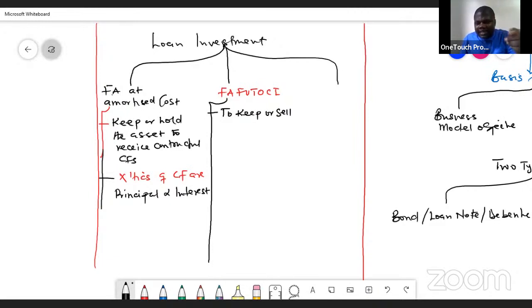At any point in time, you may want to sell that asset. You understand? It means you don't have the intention of trading in that asset. You are keeping it, and at any point you may want to sell it. You are not selling it to acquire another asset. So if your business model objective is to keep or sell that financial asset, then it's at fair value through OCI.